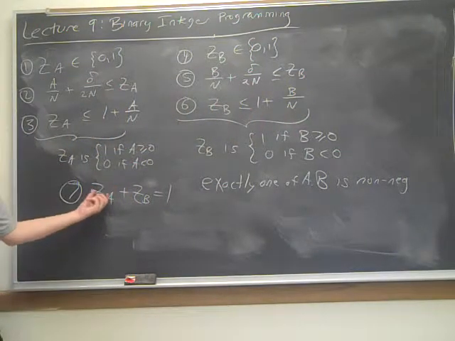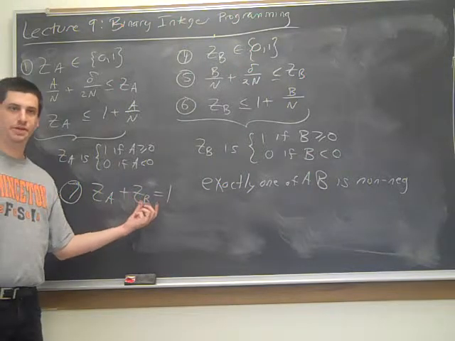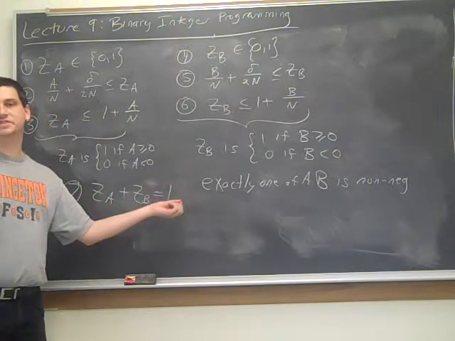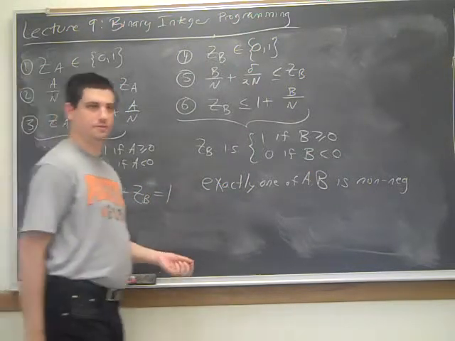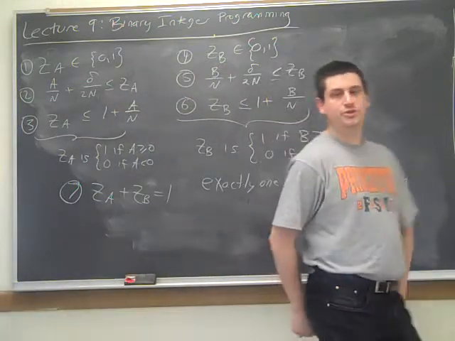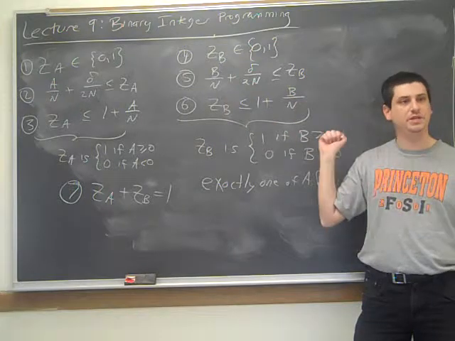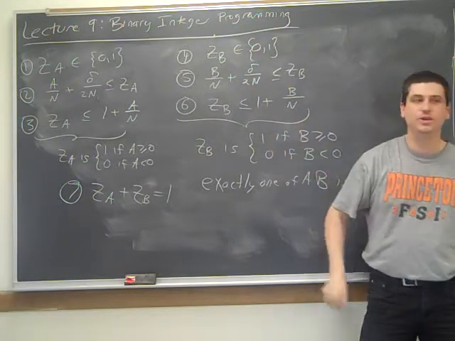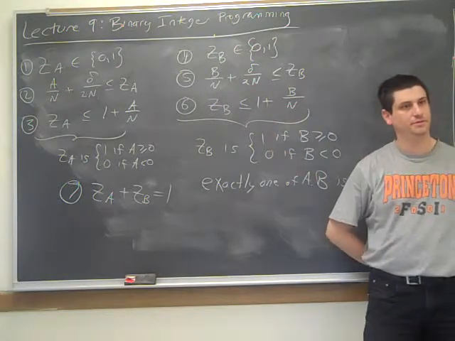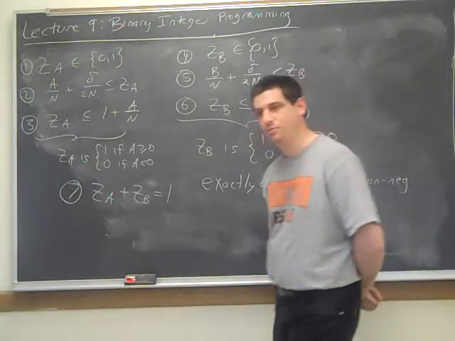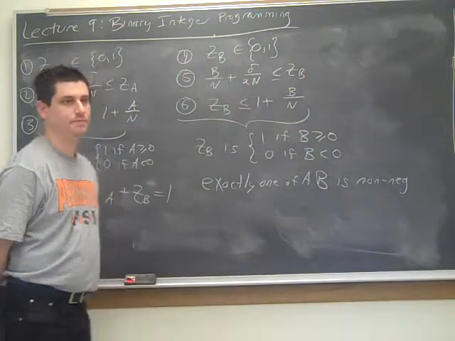And the reason is, each of these is 0 or 1. If they're both 0, or they're both 1, this isn't satisfied. So if we want to choose between 2 options, I either want A to be non-negative or B to be non-negative. These constraints will force that to happen. And so this allows you to put in the beginning of an OR.